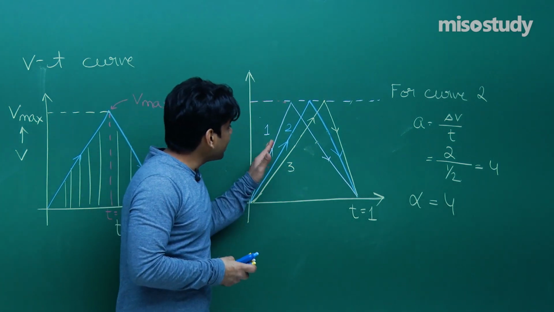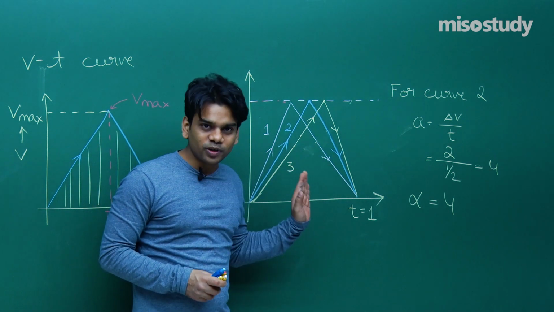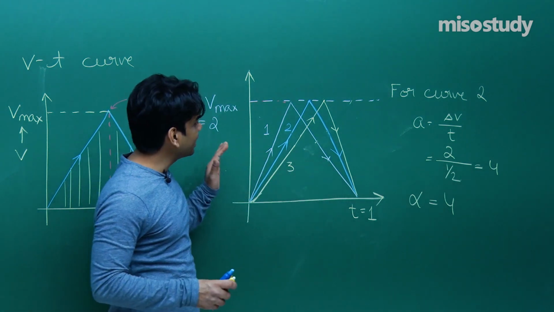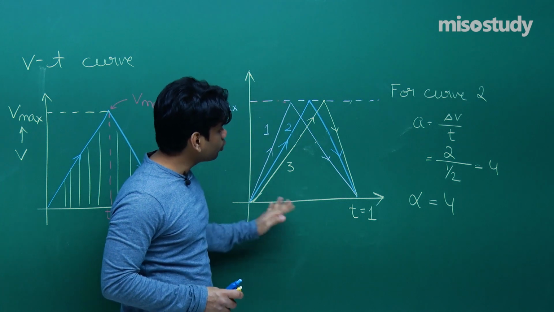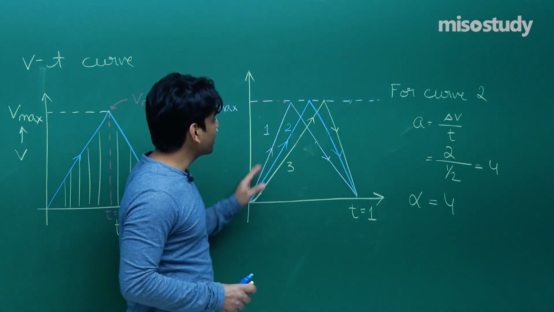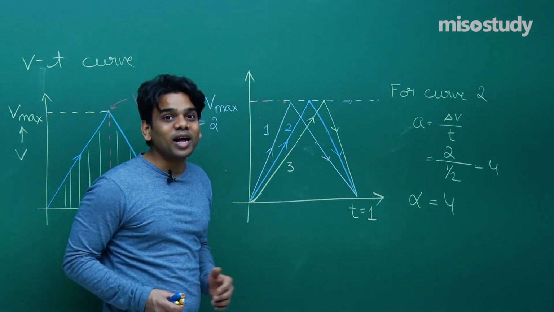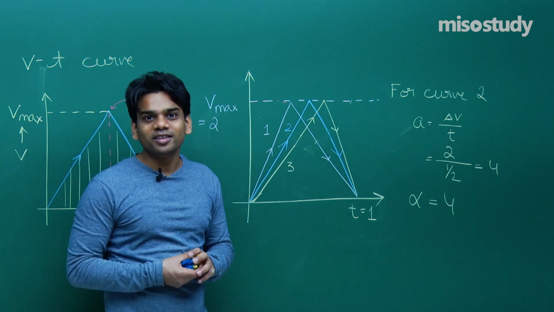Now the possibility can be any of the curves, since displacement is 1. Because base into height will be the same for all the 3 triangles that I have drawn here, displacement will be the same in all the 3 cases. Now you all see what is the value of acceleration in each of the 3 cases.